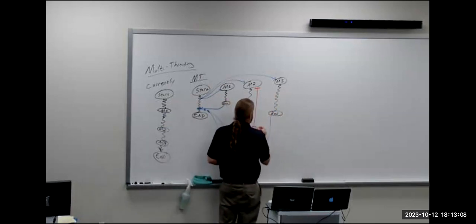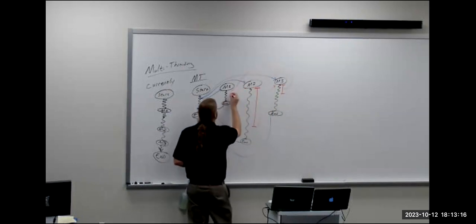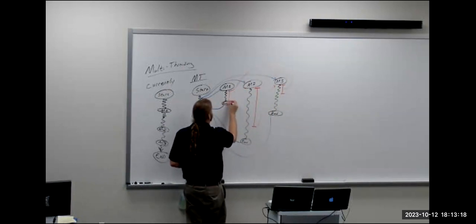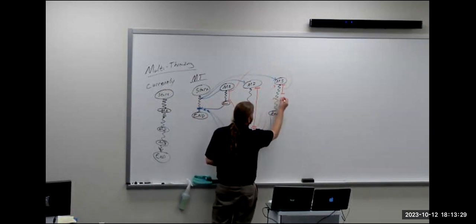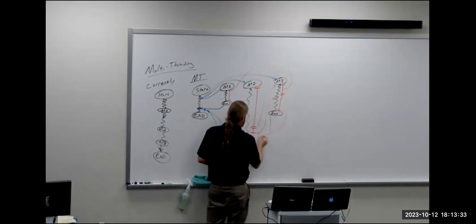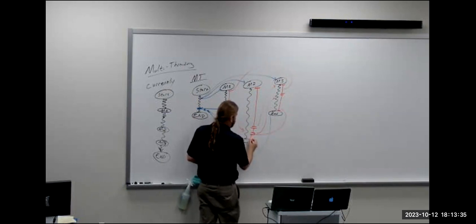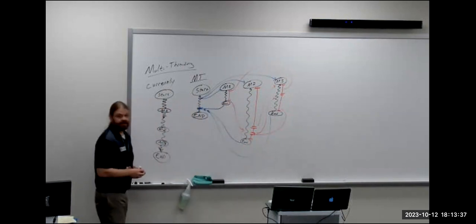Then jumps over here. Does a little bit of method 3, then comes over, maybe runs all of method 1. Then back, does just a little bit of method 2, comes over here, finishes method 3, and then comes back and finishes method 2. That's just one situation.